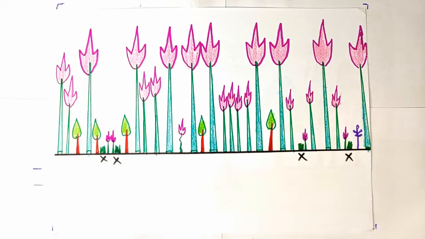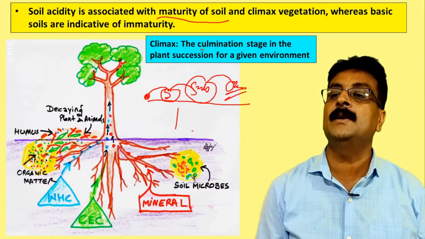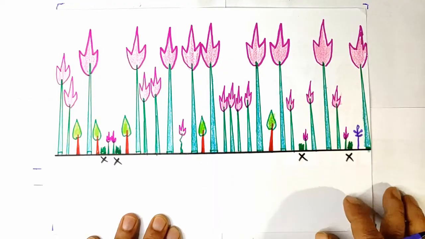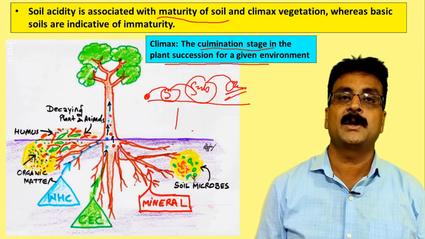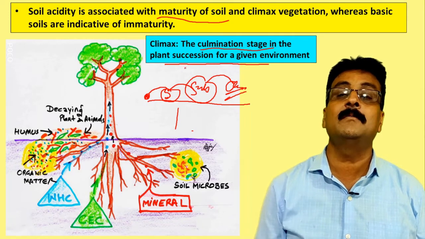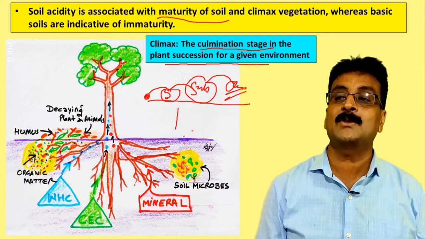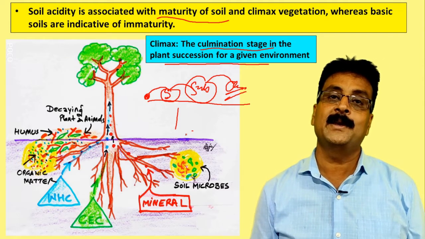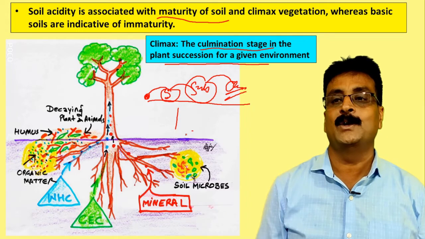Climax species come to the final, culminating stage of plant succession for a given environment, where no further changes happen and the species remains in harmony with the environment. We say that maturity of soil has happened. So soil acidity is associated with maturity of the soil and climax vegetation. It indicates immature soil and mature soil.